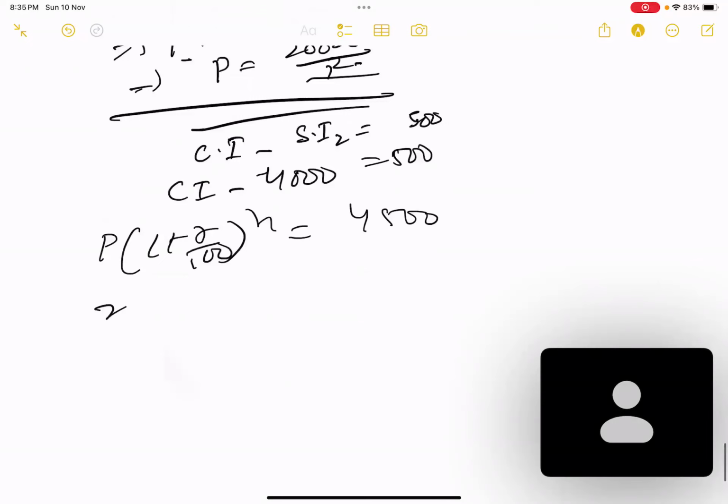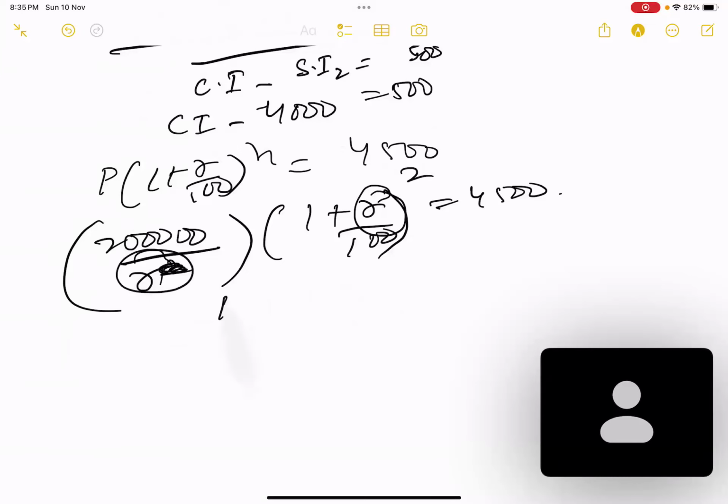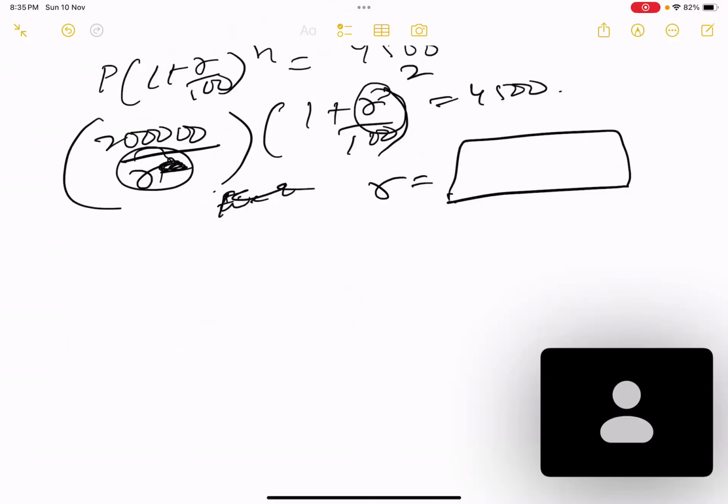Since there's only one unknown quantity, which is R, we can solve this and find the R value. We don't need to find it because the question is not about how much the rate of interest is. We just have to understand this better.